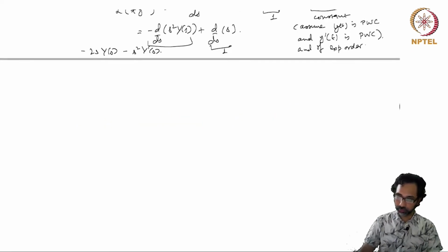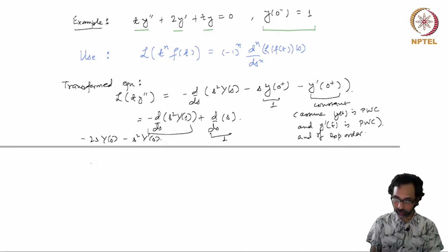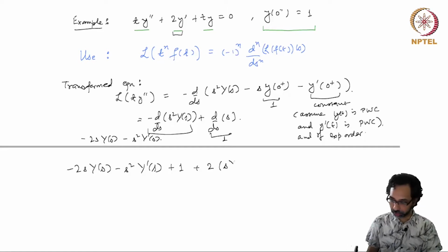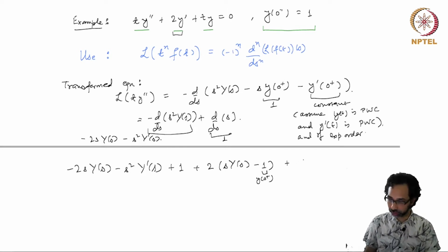So, we will have minus 2s Y(s) minus s square Y prime(s) plus 1, plus 2 times the Laplace transform of y prime, which is sY(s) minus 1, this is y(0+). And then we have the Laplace transform of ty, which is again minus 1 times the derivative of Y(s), so this is again Y prime(s).